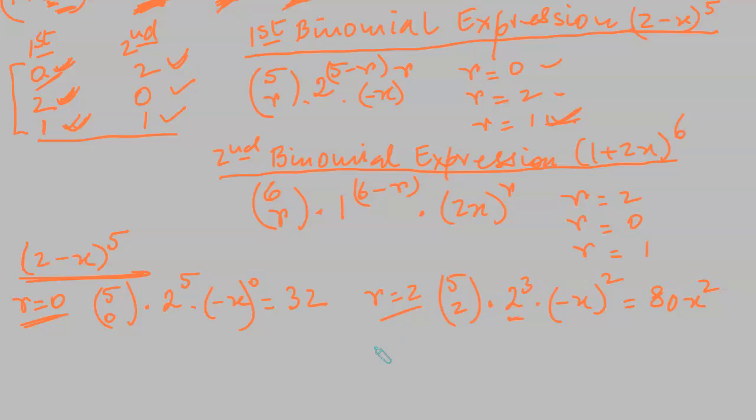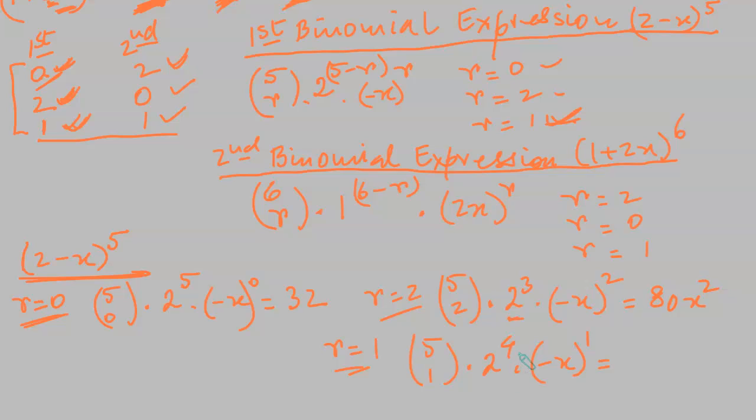Next one is having r value as 1. So r is equal to 1. It is 5C1 times 2 to the power of 4 times negative x to the power of 1. And I had said nC1 is equal to n, doesn't matter what is the value of n. So 5C1 is equal to 5, and 2 to the power of 4 is 16.